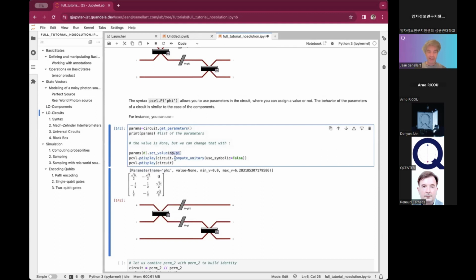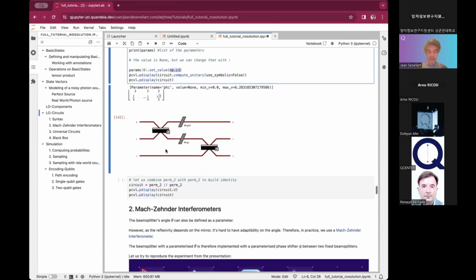And then I can display my unitary, now symbolically false, and this is the numeric value of my unitary. My circuit is exactly the same. You see that phi has been changed to pi here. So nothing special here.